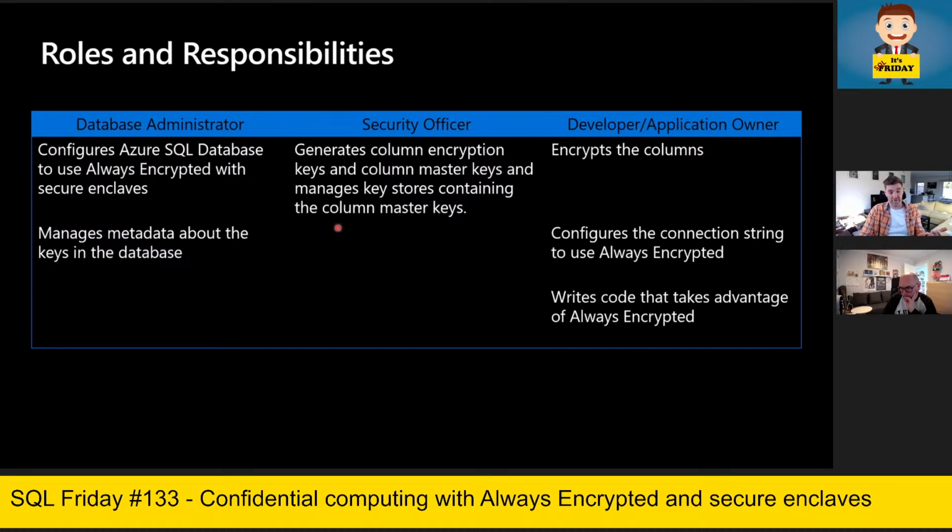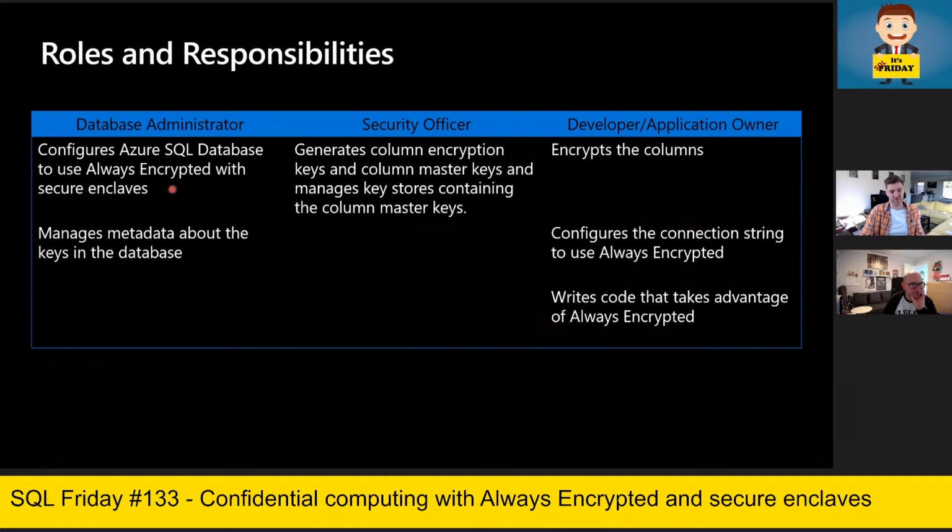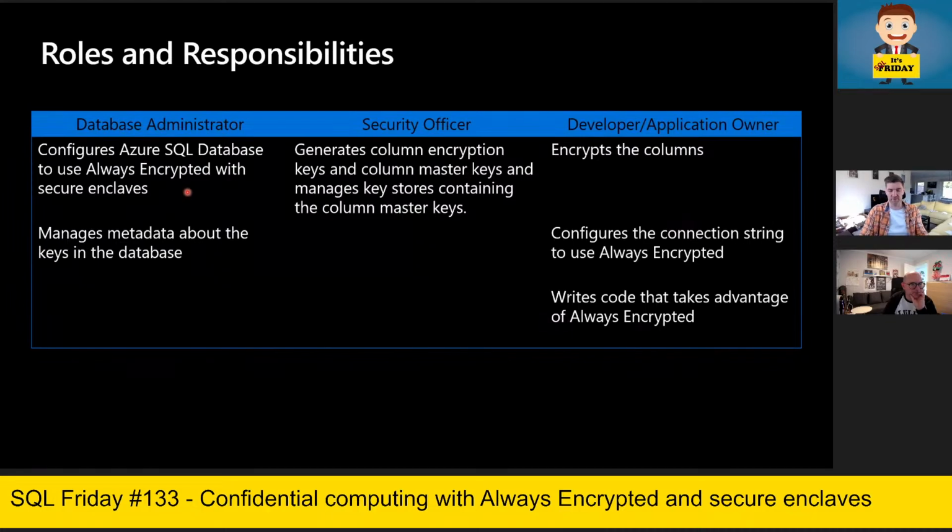The DBA is the person that needs to configure Always Encrypted with secure enclaves, so that person needs to configure the DC series, or enable the VBS enclaves. The DBA also manages the metadata about the keys in the database. The keys are never ever stored inside the database. We're just storing metadata pointing to the location where the encryption keys are stored.